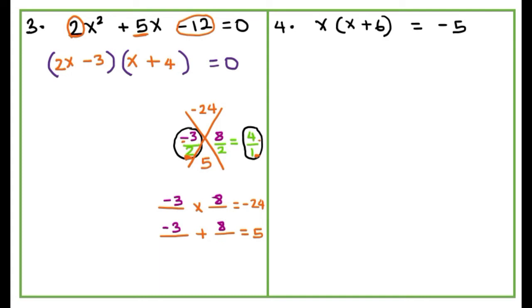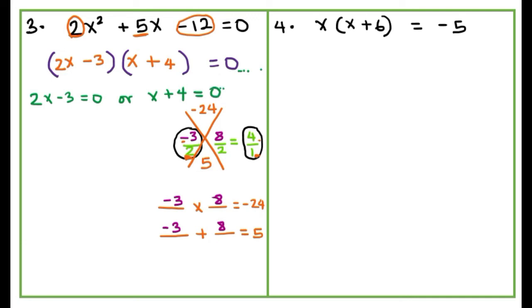So that you can see that we have got 2x minus 3 equals 0, or x plus 4 equals 0.